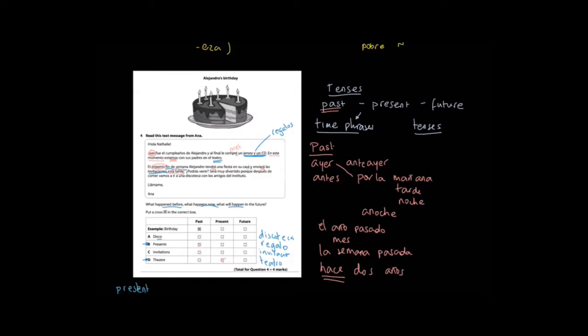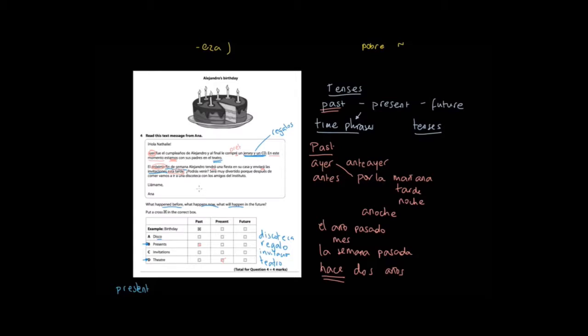Actually, this information is not really helping me, okay? It's telling me there will be a party at his house next weekend, but that's not one of the questions. But what's one of the questions is here. Enviará, he will send, las invitaciones esta tarde. And we've got esta tarde, this afternoon, which is one of those expressions that, to be honest, is not that helpful, because esta tarde could be an expression of future, past, or present, all of them, okay?